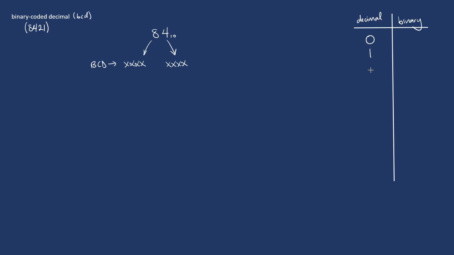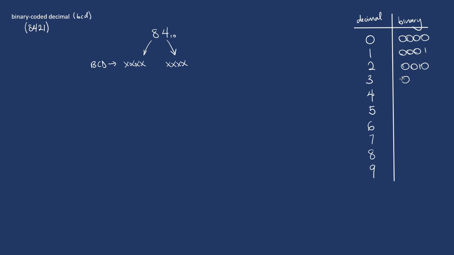So 0, 1, 2, 3, 4, 5, 6, 7, 8, and 9, each single digit in decimal. We need a group of 4 bits for each of these, and it will increase incrementally as we add 1.